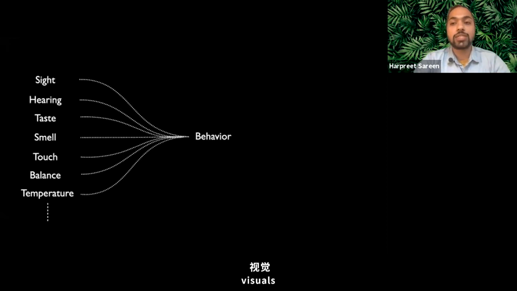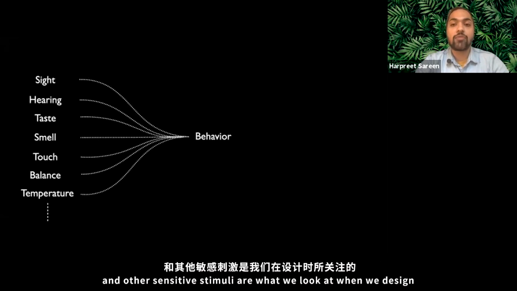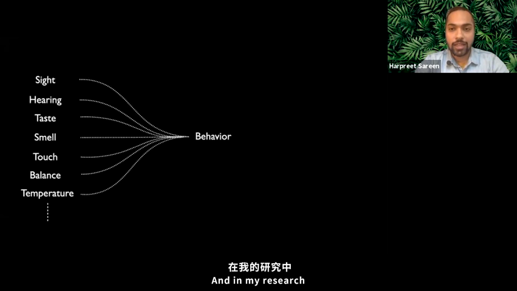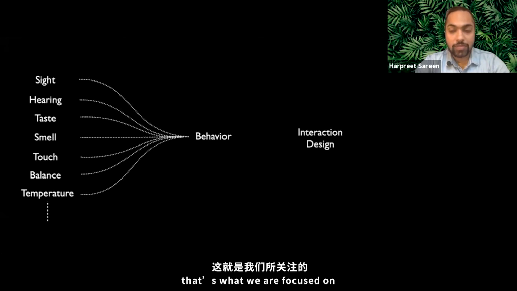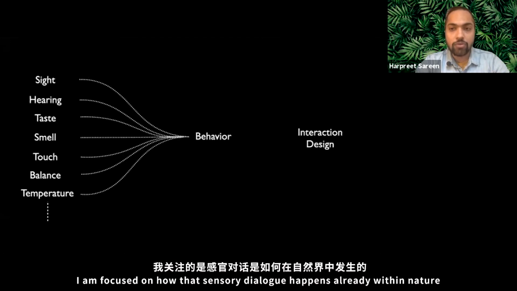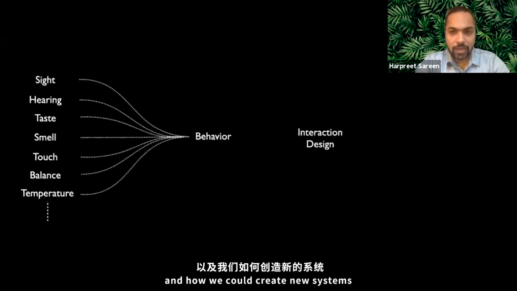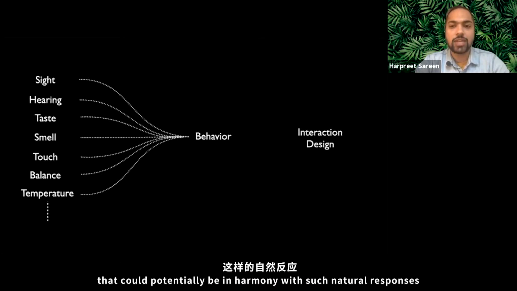Physiology, visuals, and other sensory stimuli are what we look at when we design. And that's what my research is focused on. I am more focused on how that dialogue happens already within nature, and how we could create new systems that could potentially be in harmony with such responses.